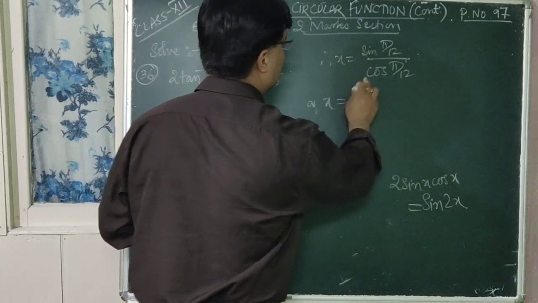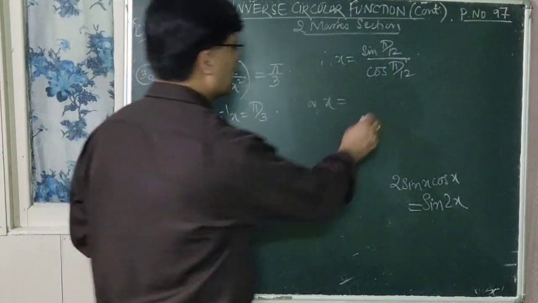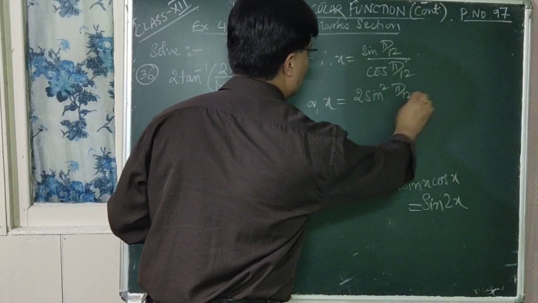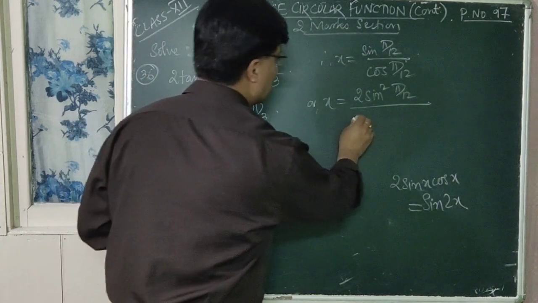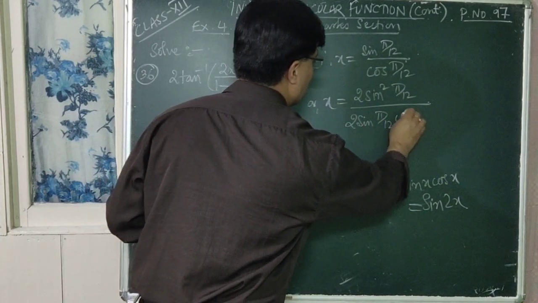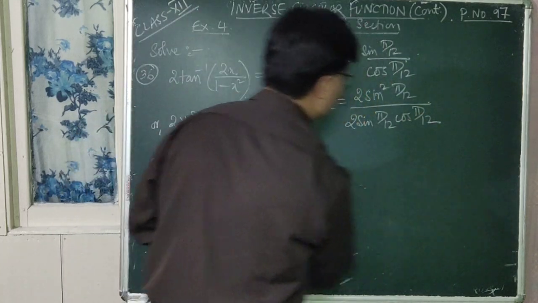We multiply here above and below by 2 sin pi by 12, right? So it is 2 sin square pi by 12 divided by, in the denominator, 2 sin pi by 12 cos pi by 12, right?